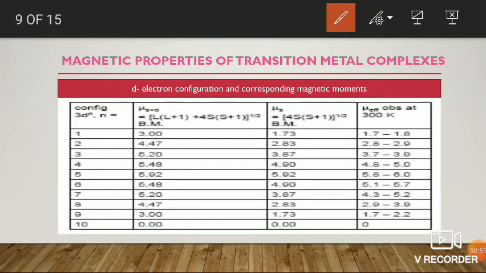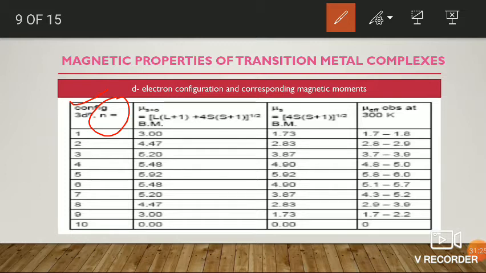observe the relationship between the number of d electrons, or number of unpaired electrons, in the d orbitals and the corresponding magnetic moment according to experimental data. The first row is the d configuration, where it indicates the number of unpaired electrons.